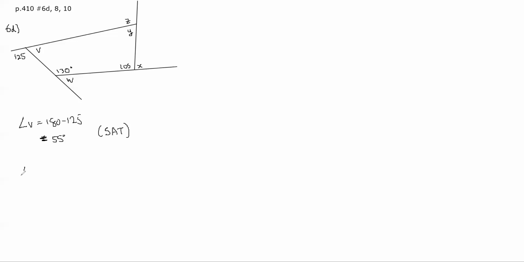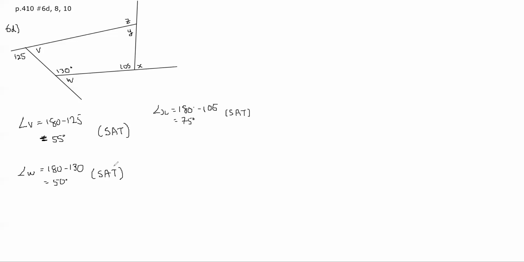In the same breath, angle W is going to be 180 minus 130, which is 50 degrees. How do I know that? Supplementary angle theorem. Moving on, same breath, X is going to be equal to 180 degrees minus 105, which is 75 degrees. Why? Supplementary angle theorem.